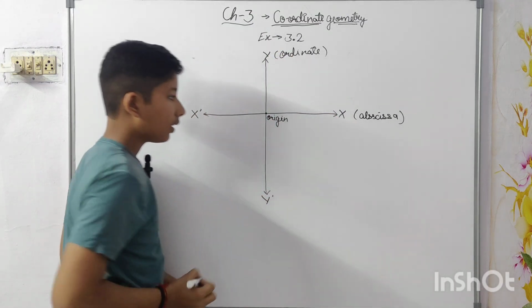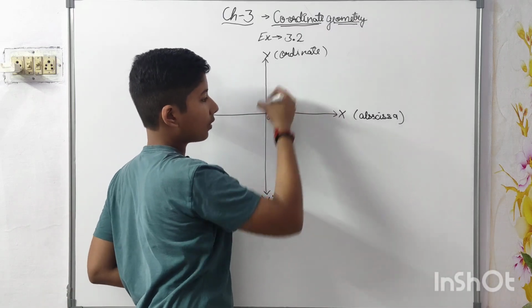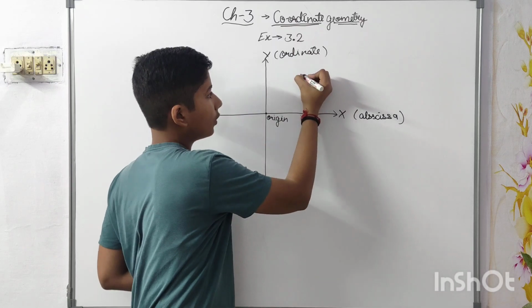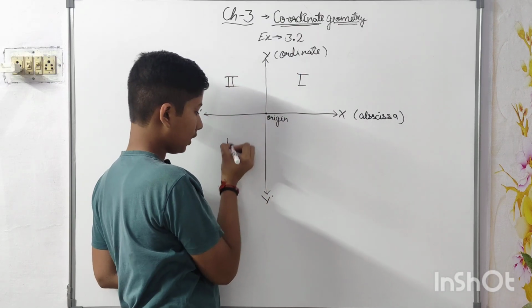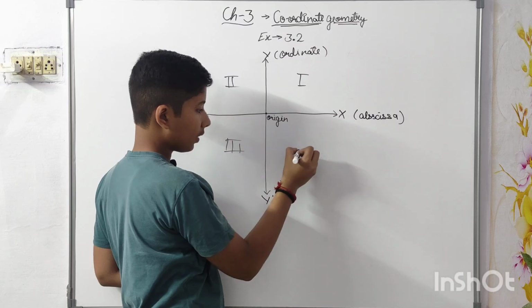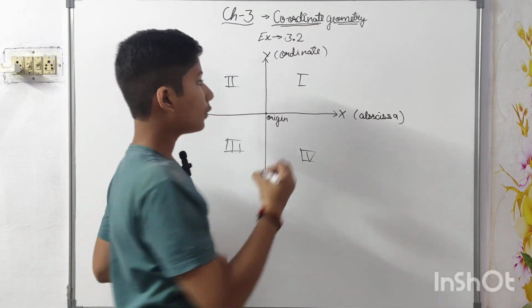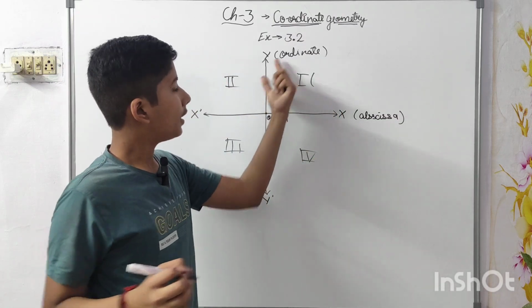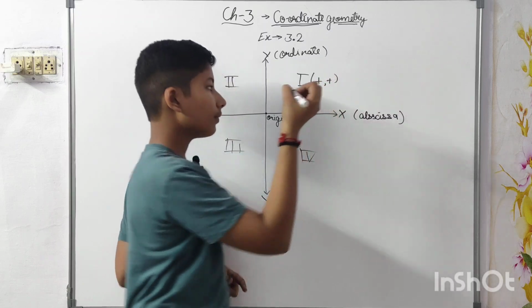Here also. This is the origin, and these two axes divide the Cartesian plane into 4 parts: quadrant 1, 2, 3 and 4th quadrant. In the first quadrant, x is positive and y is positive, so it is plus comma plus.